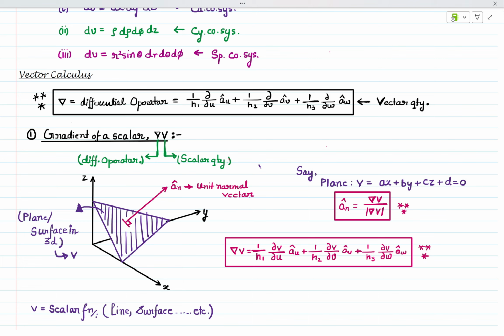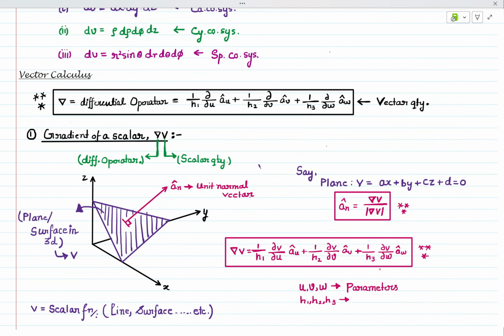Now what are u, v and w? U, v and w are nothing but the parameters. And h1, h2 and h3, what are those three? Those are nothing but the scaling factors. In my last video I discussed the analytical approach of the differential length, area and volume, and there I discussed them.